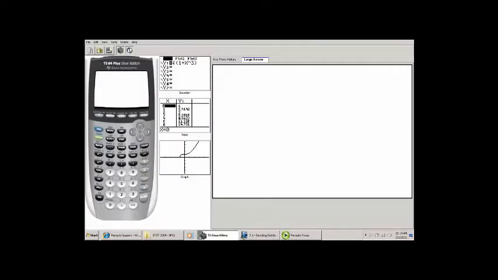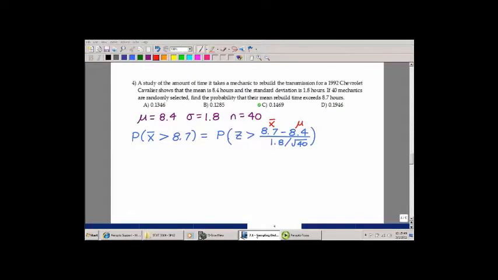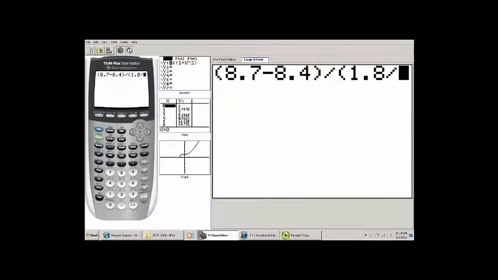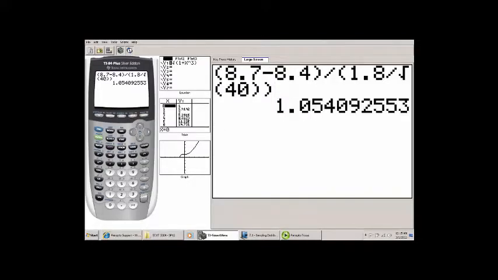So let's see what we got this time. 8.7 minus 8.4 divided by, start parentheses, standard deviation is 1.8. Now I certainly will have to put the radical in there because the square root of 40 is not a nice integer number. So we have the mean, subtracted, the standard deviation, dividing by the square root of n. Very important. So it looks like about 1.05. So I'm going to use that as my Z.